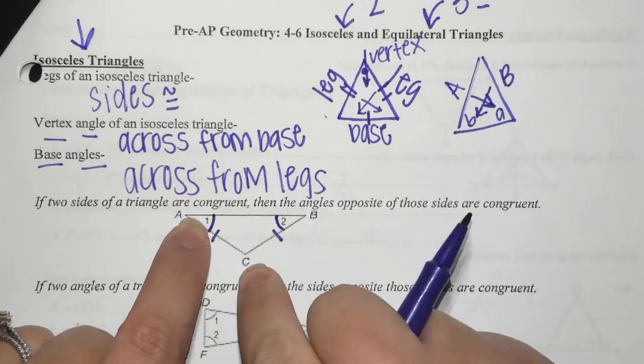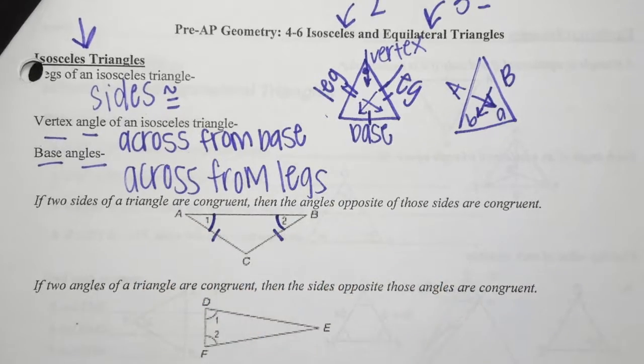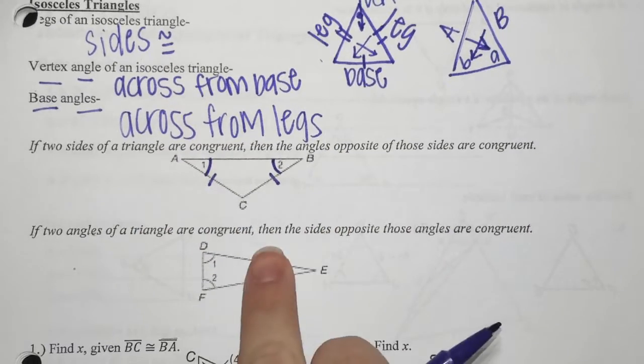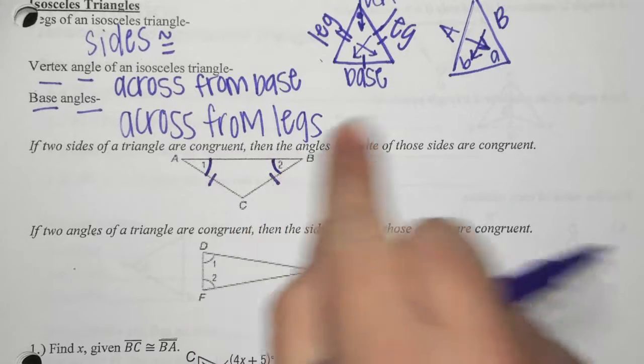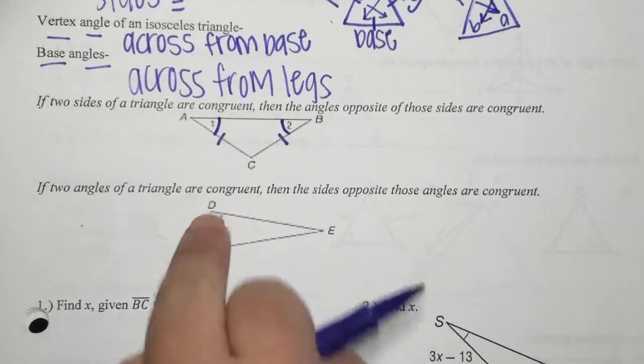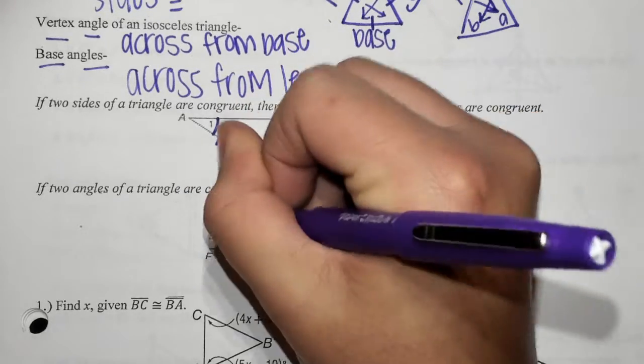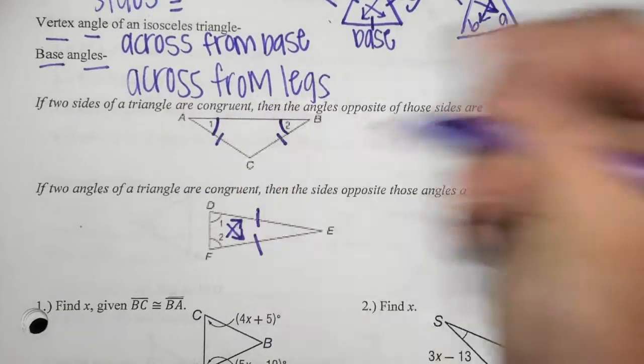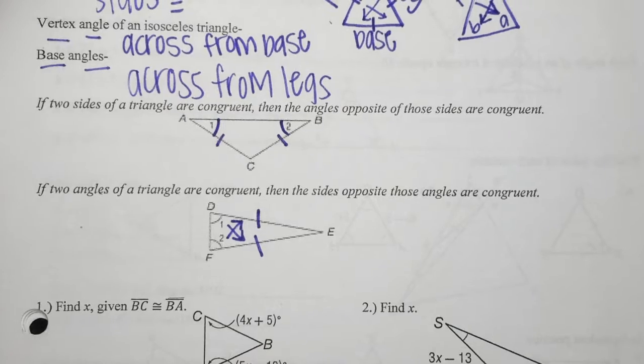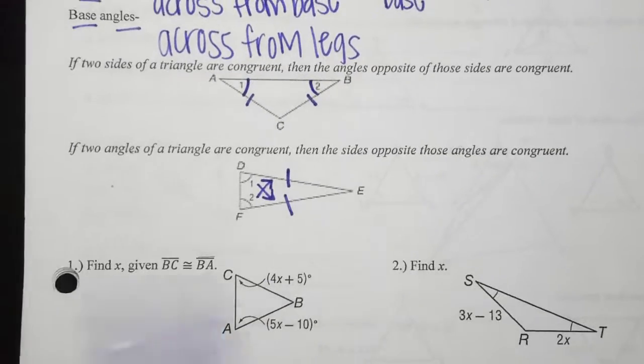And 1's across from BC and 2's across from AC. So that's going from sides to assuming angles. If 2 angles are the same, then guess what? The sides across from them are also the same. That's the gist of it.